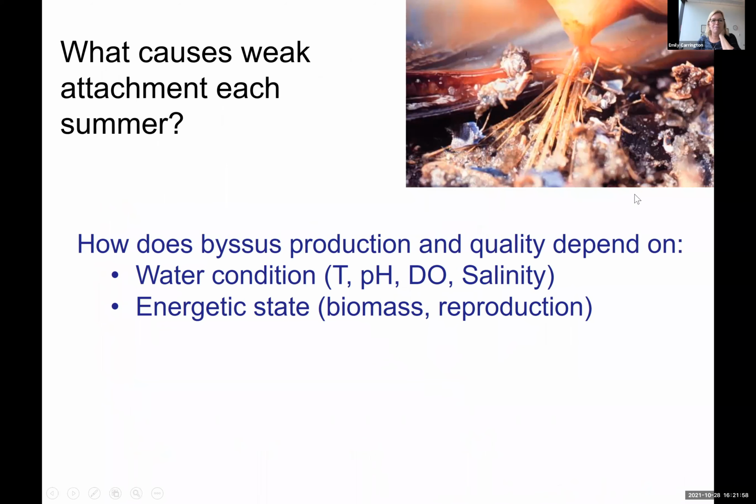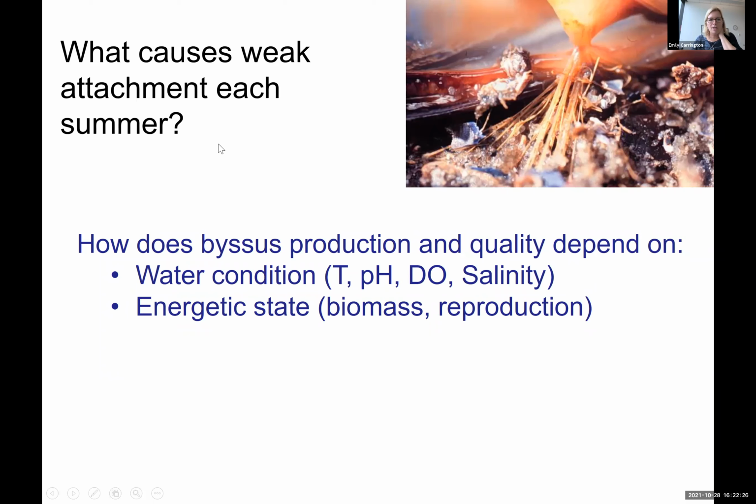Okay, so like I said, I've really been focused in the last 10, I'd say 15 years, on what causes weak attachment, and particularly in the summer. And this is the focus of my work since I came to University of Washington. Most of this work has been done with our local bay mussel, Mytilus trossulus, but we've also worked with Mytilus galloprovincialis a bit.